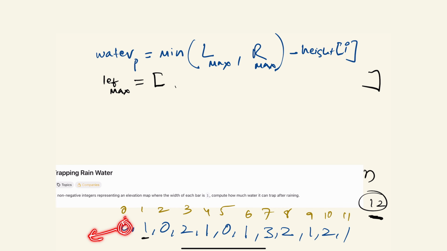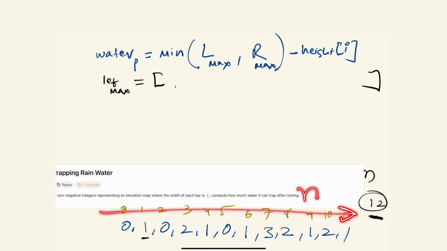Since this is position 0, I am going to store 0. Now at position 1, what is the max height? It is 0. At index 2, what is the max height? It is 1. That's the reason I am storing all the max values in a single iteration, which requires only n.